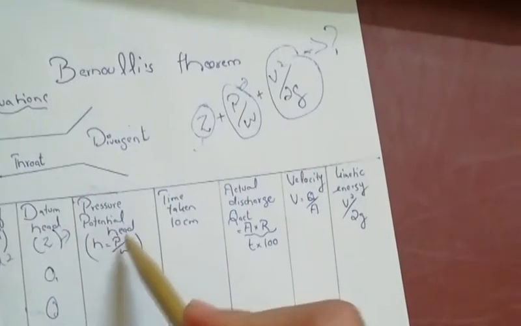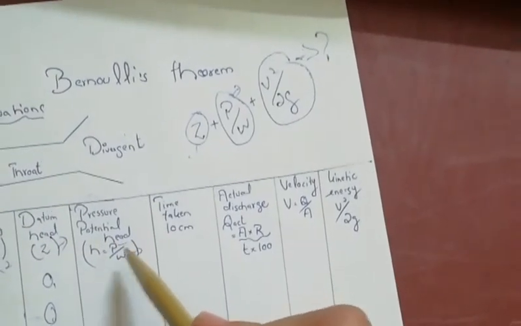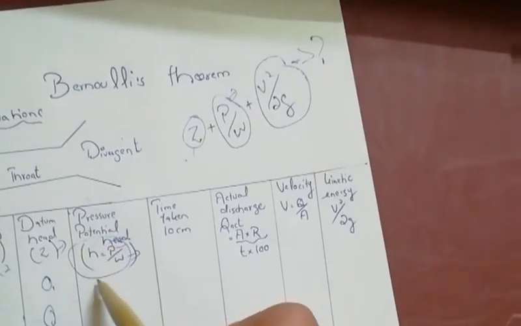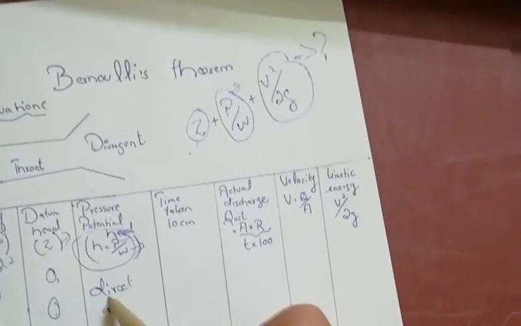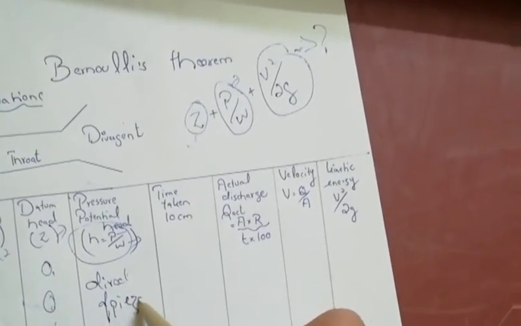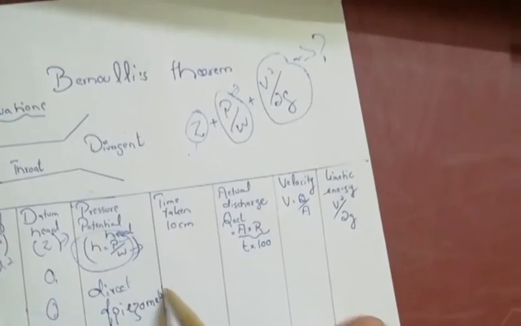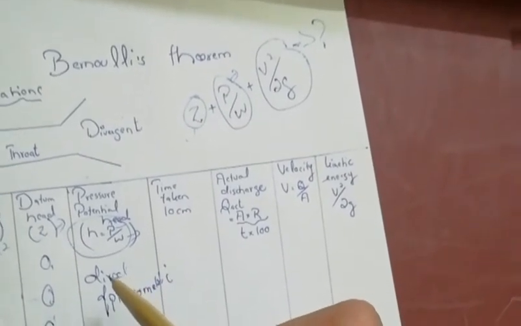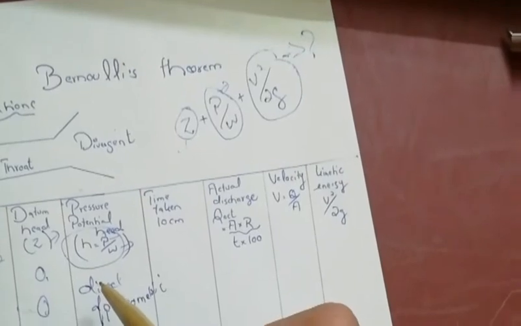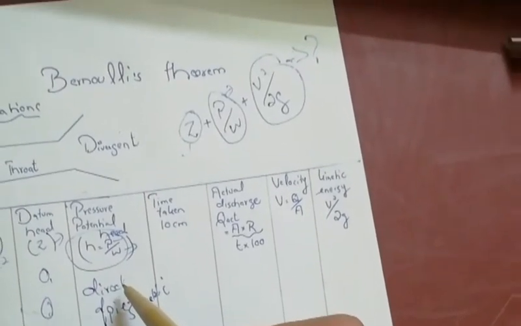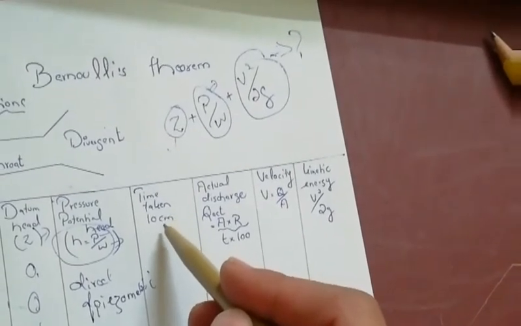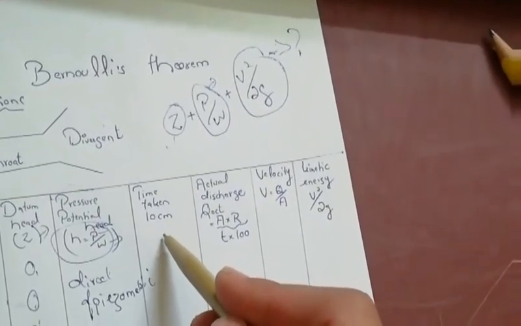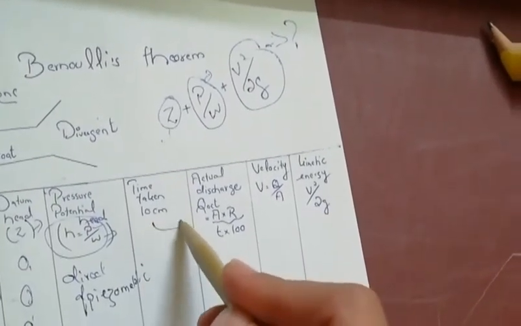Now the potential head is rho into gamma, which is found directly from the head of the piezometer. Okay, so the reading found for each of those knobs, we are going to find directly. Now the time taken to reach 10 centimeters is for the discharge.